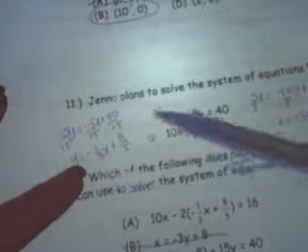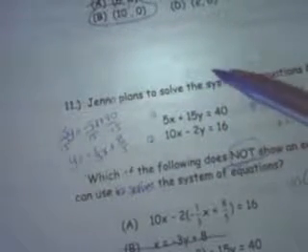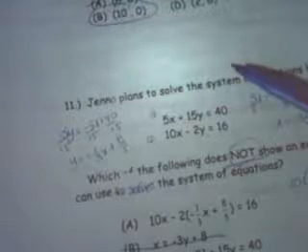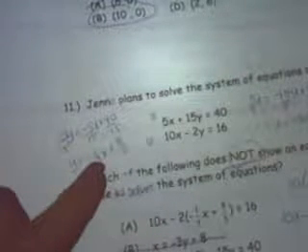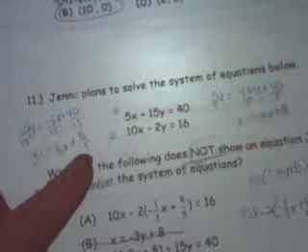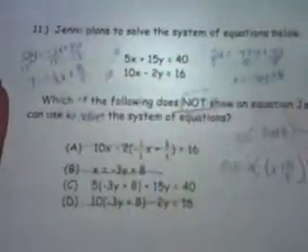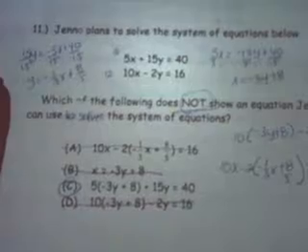I solved equation 1 for y, which means I'll plug it into equation 2. So that's going to be 10x minus 2 times negative 1/3 x plus 8/5 equals 16. So yes, A is also an equation we could use, therefore that leaves us with C.